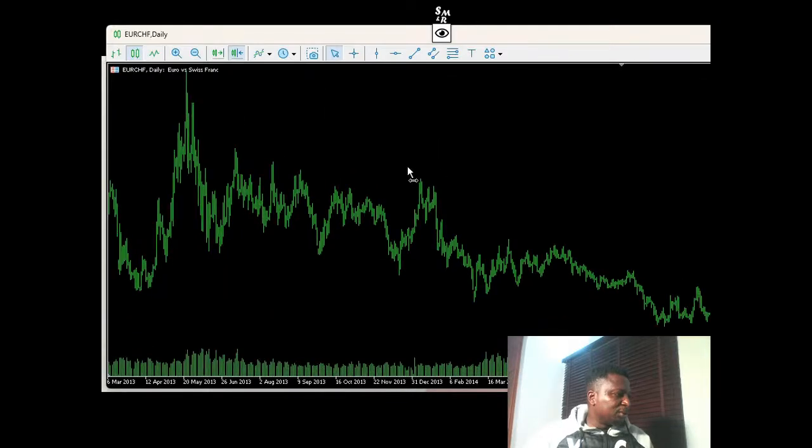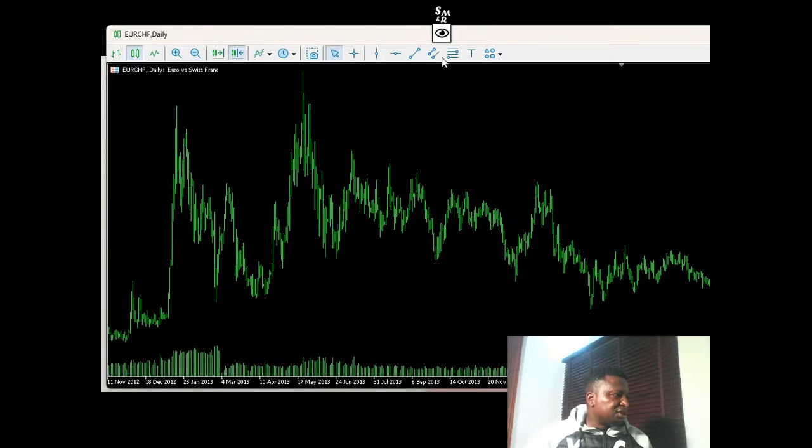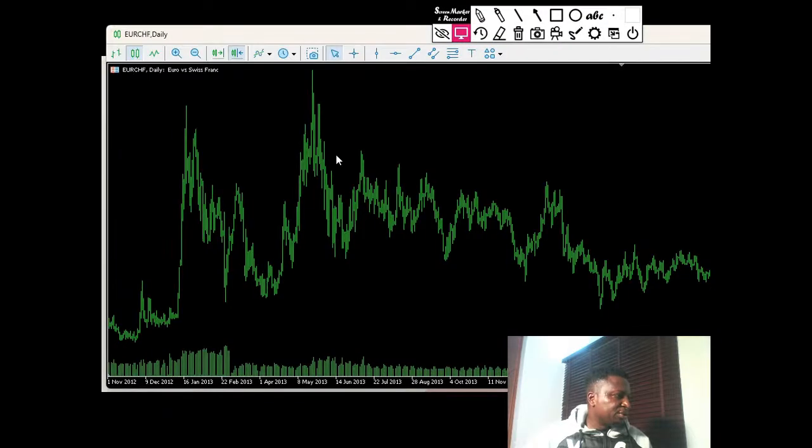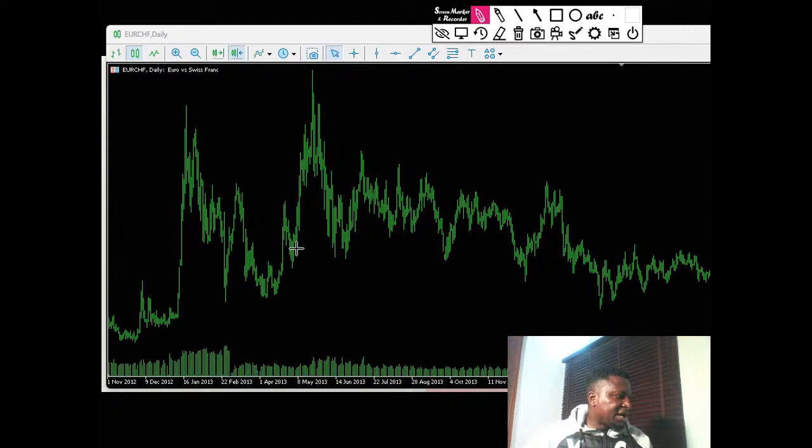Now, if you look at this chart, you would see in practical that price went up here, got here, and started coming down. So this is our resistance.